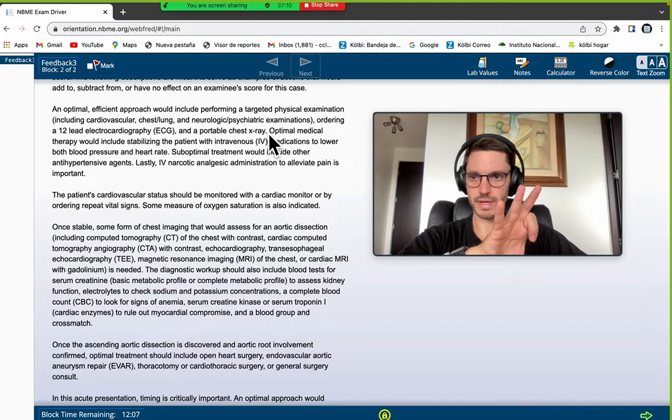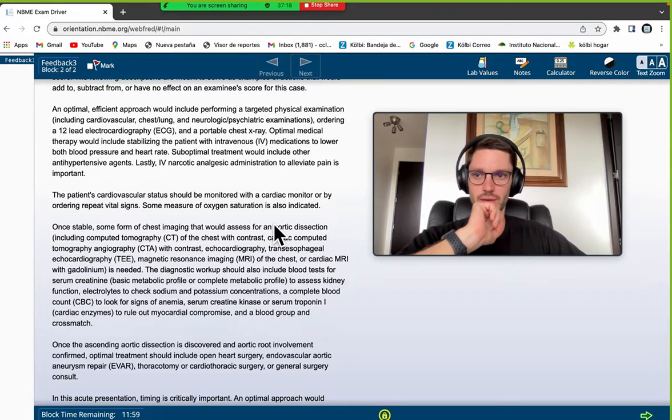Optimal medical therapy would include stabilizing with IV medications. Basically, we didn't do that. We gave oral carvedilol, very bad treatment. Suboptimal treatment would include other antihypertensive agents. So we did it, not that bad, but suboptimal.